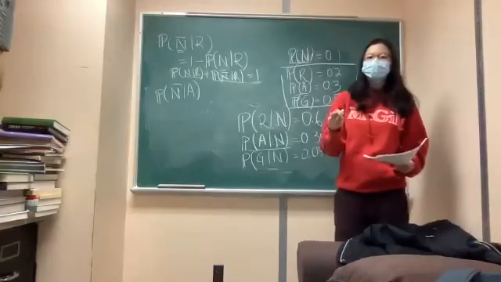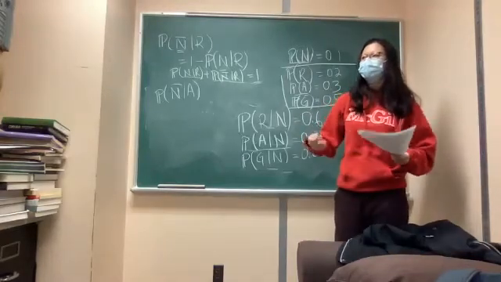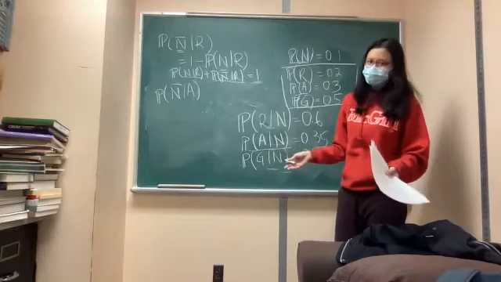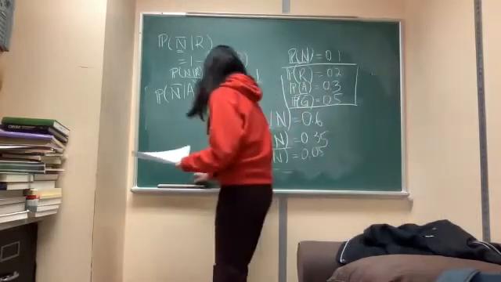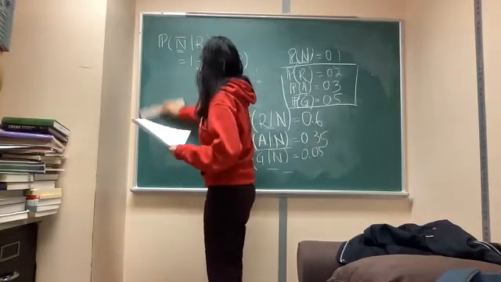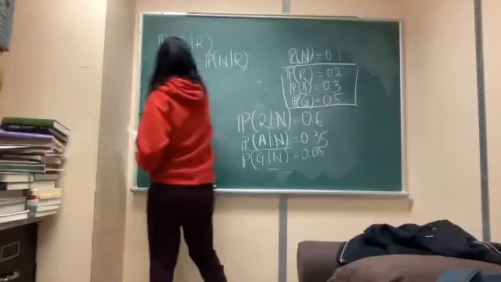One thing that you'll notice about stats is that there are many different ways to solve problems that could get you the right answer. So another way I could have done this, instead of doing this really fast trick, let me just try it now.